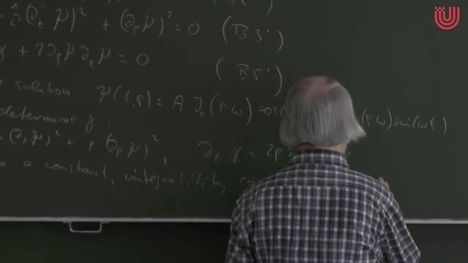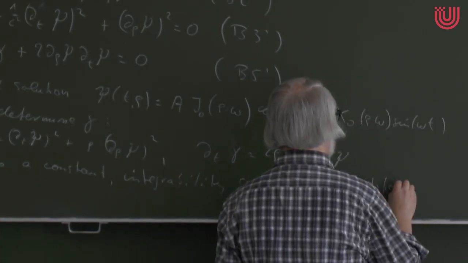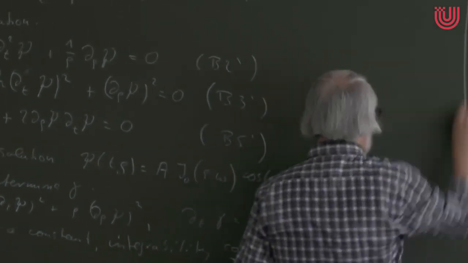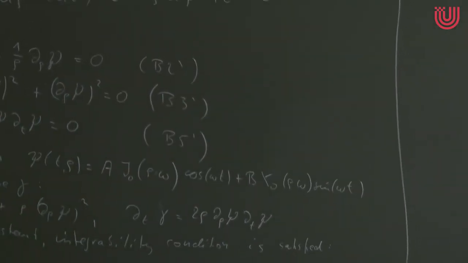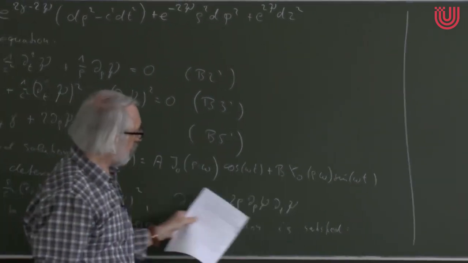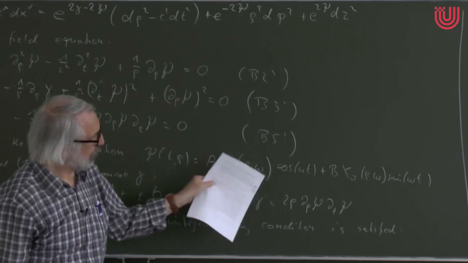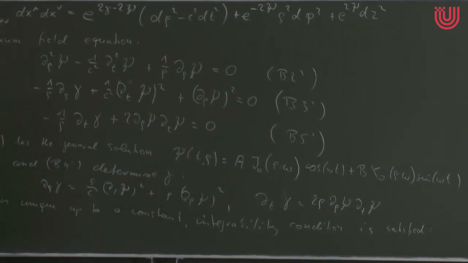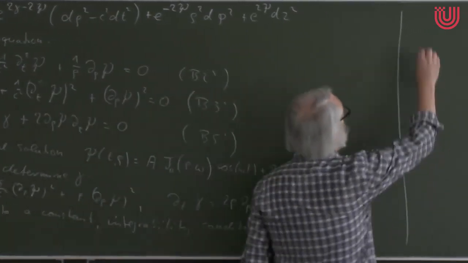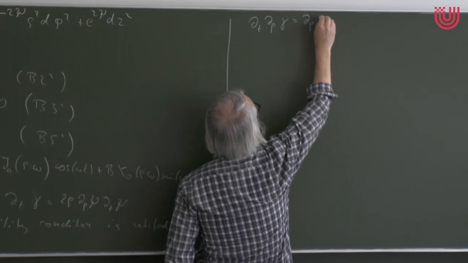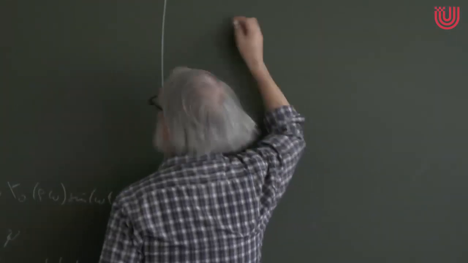Integrability condition is satisfied. Okay, let's do this. If this really is a rho derivative of some function gamma, and this is a t derivative of the same function gamma, then the rho derivative of this expression must be the t derivative of this expression. Because the integrability condition is, of course, dt d rho gamma must be the same as d rho dt gamma. So let's do this.